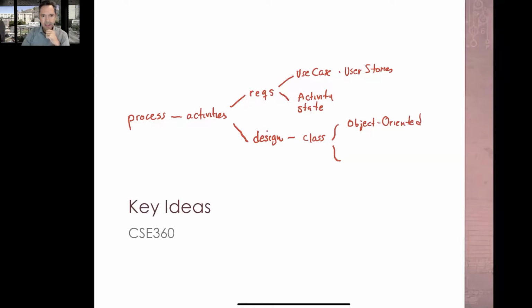Now, in that particular space, the only thing that we have in order to create a design is going to be classes. Obviously, that is the reason for the name of the diagram.